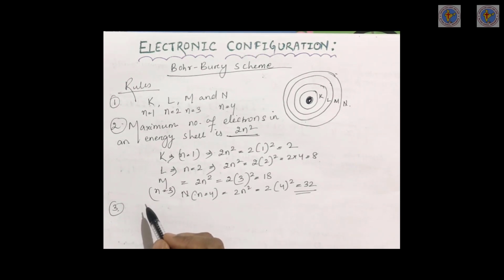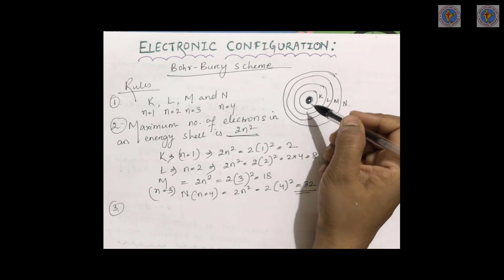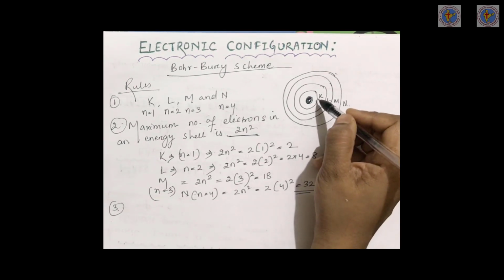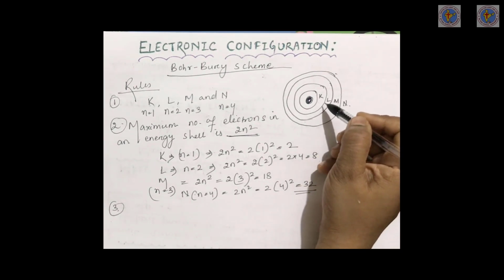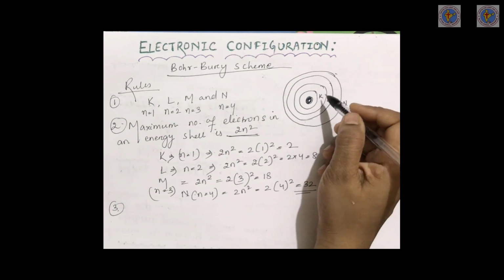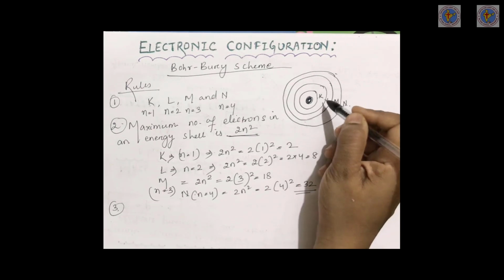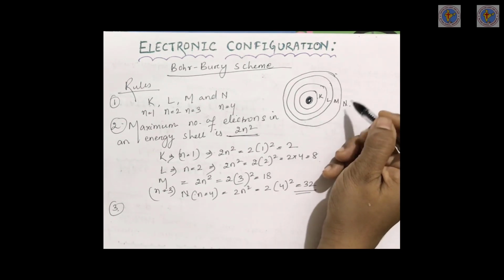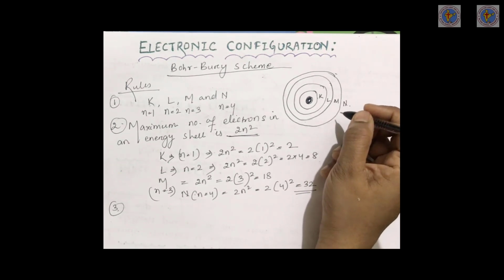Now, what is the third rule? Electrons fill up the shells in a stepwise manner. Stepwise manner means electrons first fill up the inner shell, and then one by one they occupy the next shell. First the K shell, then L, then M, then N. Like this, the filling of electrons takes place.